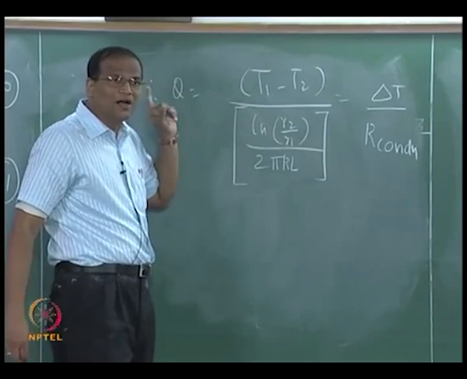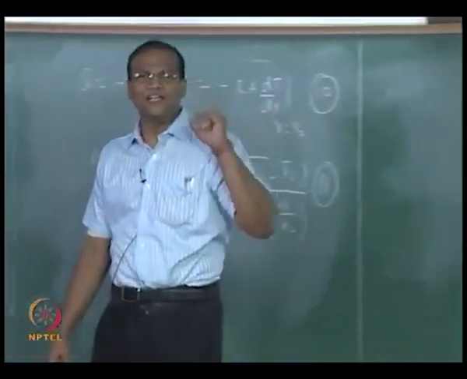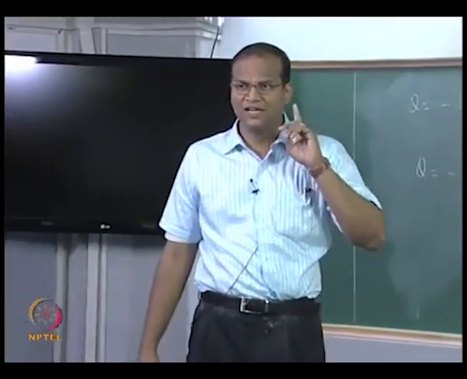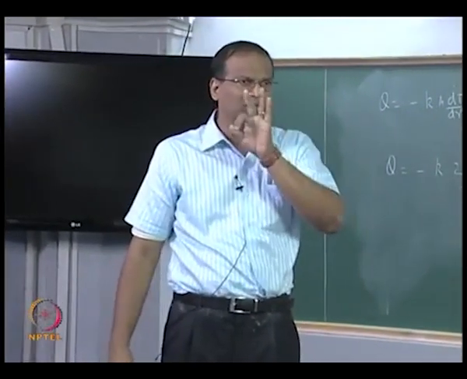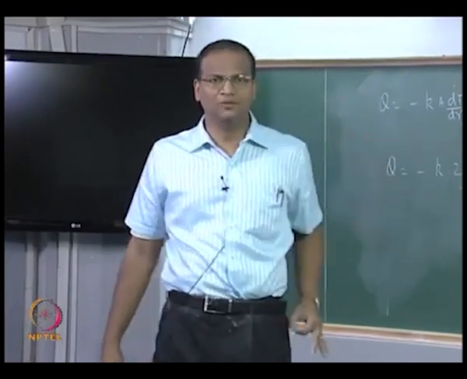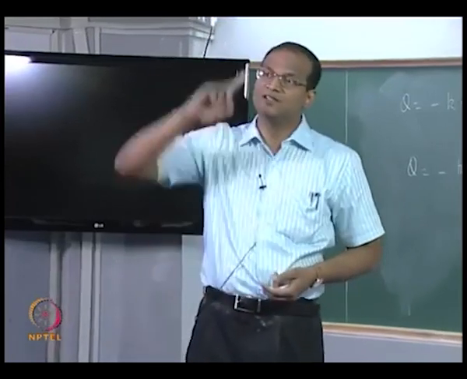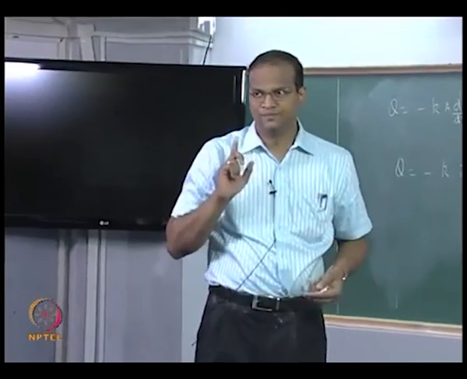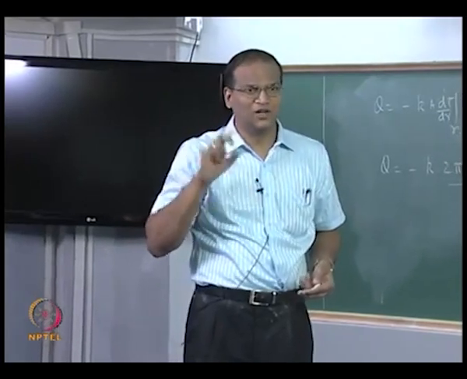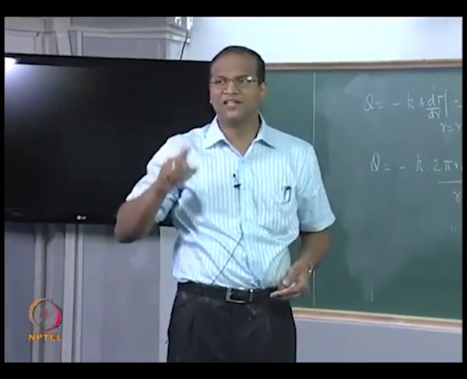So the natural log occurs naturally in the case of conduction in cylindrical coordinates. This did not come in the case of conduction in Cartesian coordinates. It is basically the only culprit for this is the changing area 2 pi r L that led to A by r, which led to A ln r, which may also lead to problems when you are solving for conduction within a solid, then what will happen to the temperature at the center?